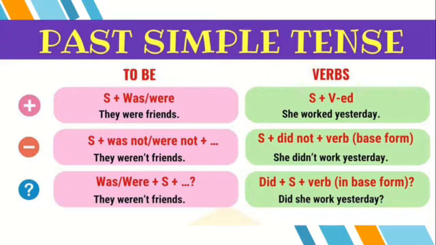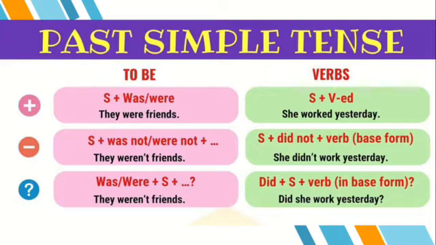Okay, then how about if you want to make a question? For the question mark, was and were must be at the front. For example, they weren't friends. This is not a question yet, but it can be the answer. When you make a question, you put were at the front.